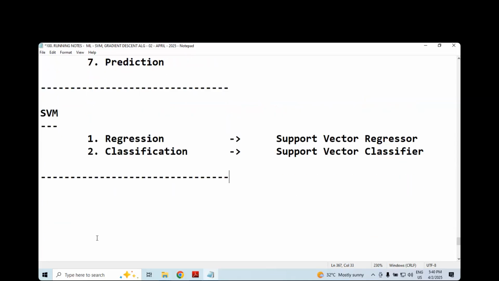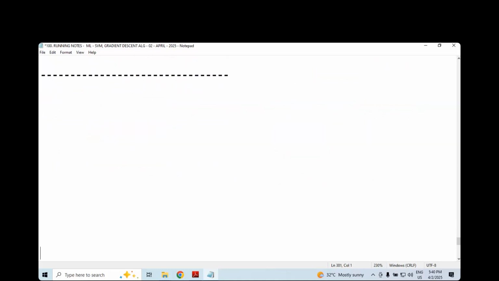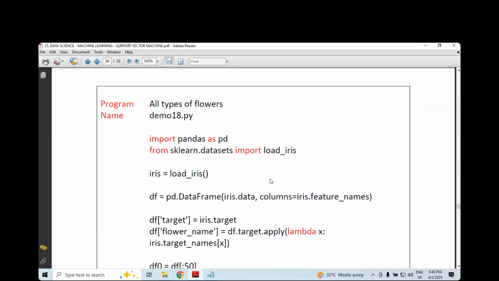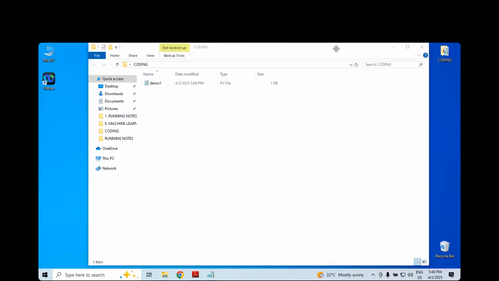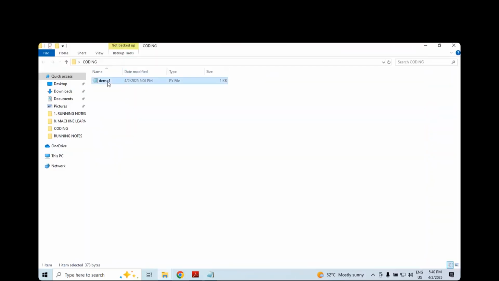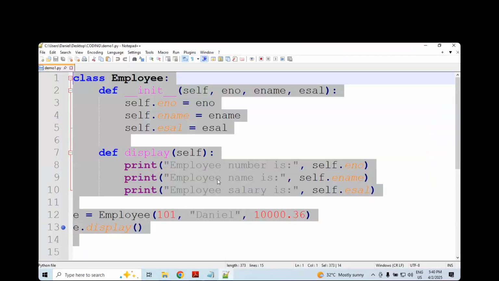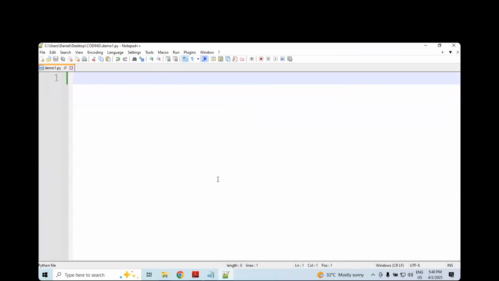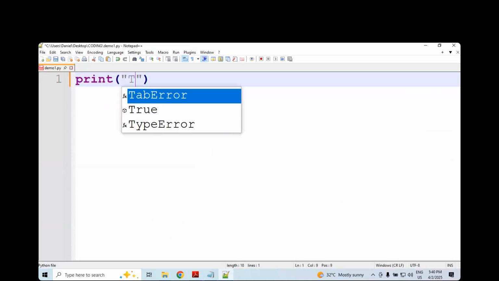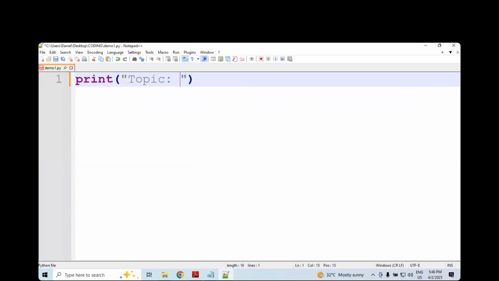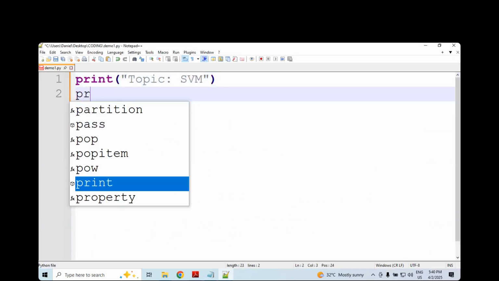Make a note on this. Fine then, I will try to execute the example as usual. So the topic name is SVM.